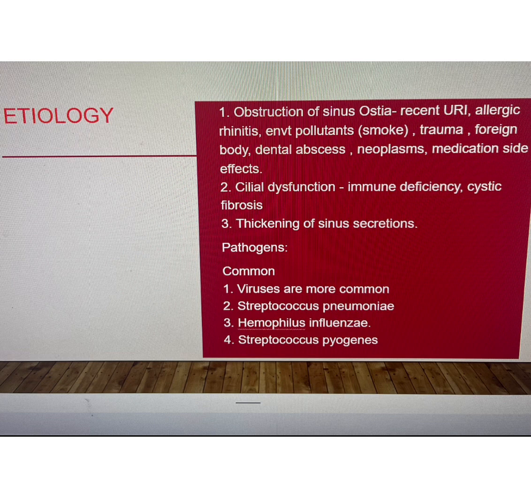Another one is thickening of sinus secretions and ciliary dysfunction in diseases like cystic fibrosis or due to immune deficiency.